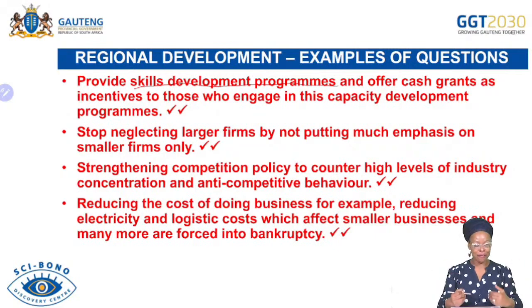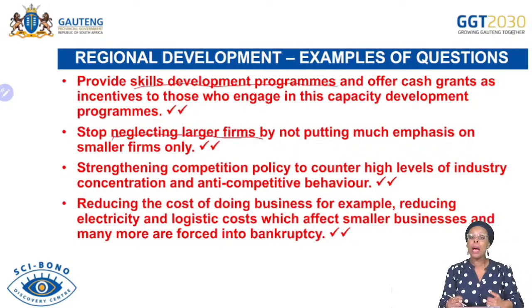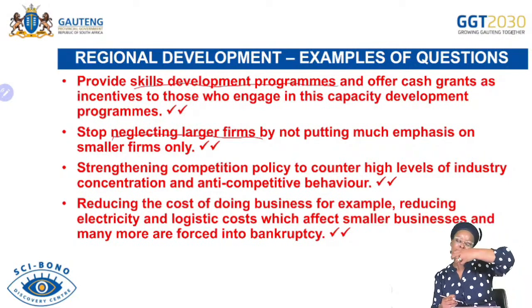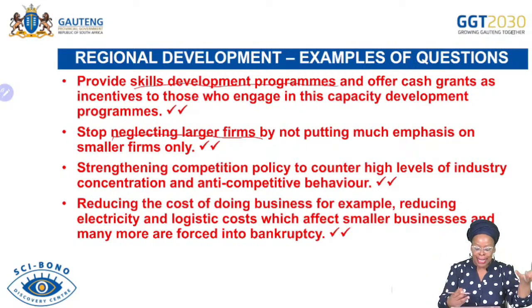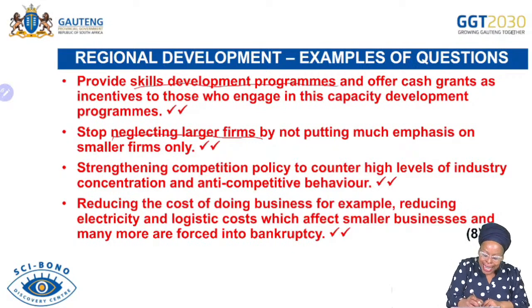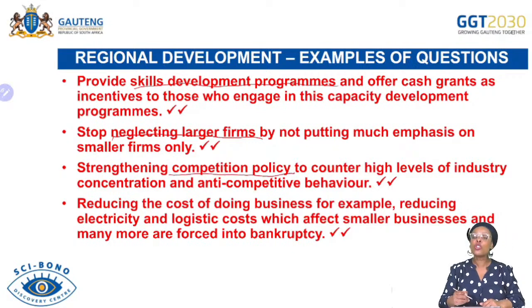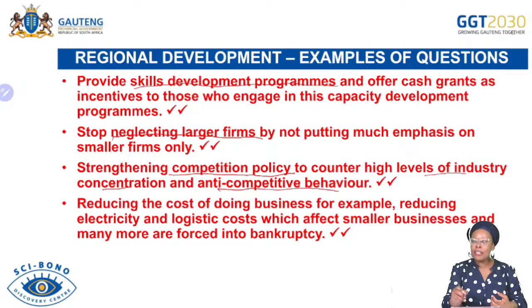You can also advise the government to stop neglecting larger firms by not putting too much emphasis on smaller firms only. So both smaller firms and larger firms can be supported by the government without neglecting the other. You can also advise the government to strengthen competition policy so that it counters higher levels of industry concentration and anti-competitive behavior.